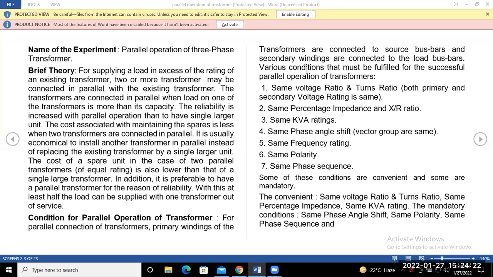Or otherwise we can say that the power supply is more reliable if we supply through parallel operated transformers, that means two or three. Okay, so these are the basic advantages if we connect two transformers in parallel. So today's experiment is the parallel operation of the transformer.